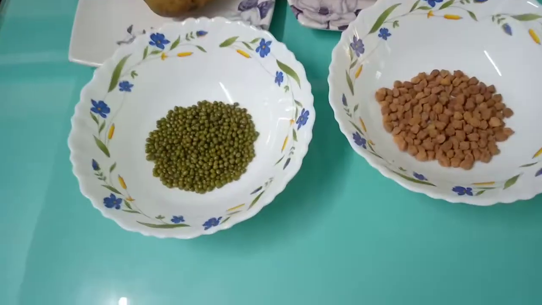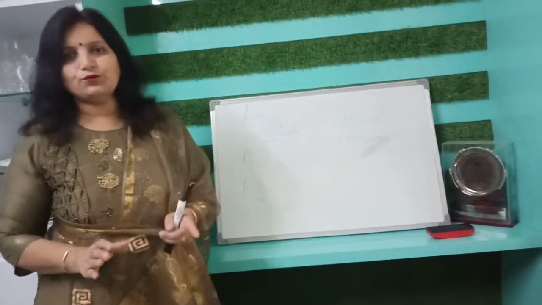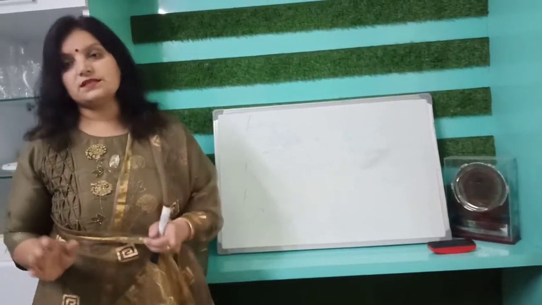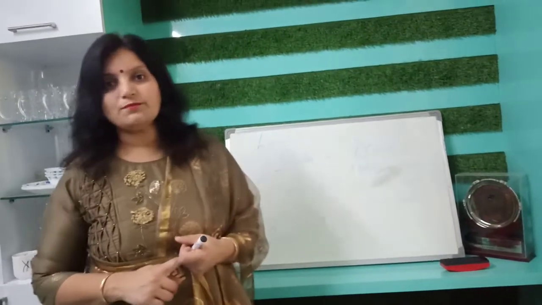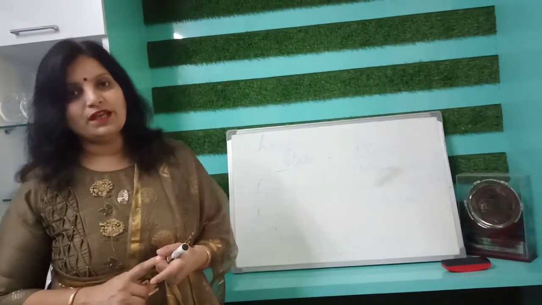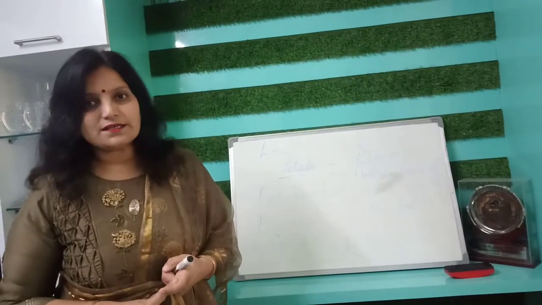Can you tell me what you mean by staple food? Staple food means the food which we eat as the main ingredient in our diet. You know very well, in breakfast, lunch and dinner, the main food is either chapati or rice.